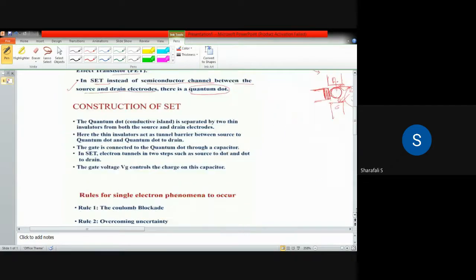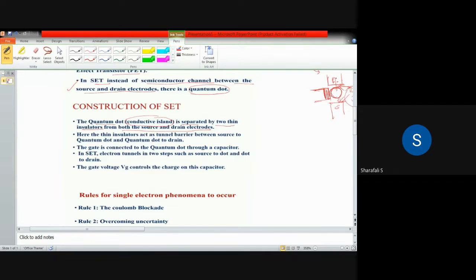Now if you consider the construction of a SET, how can we make it? We are having the quantum dot, which is nothing but a conductive island, where the electrons pass through. This quantum dot is separated by two thin insulators from both the source and drain electrodes that we already discussed.